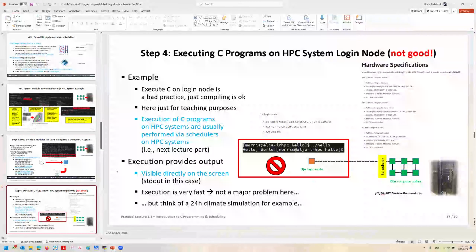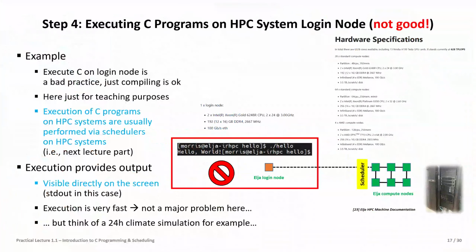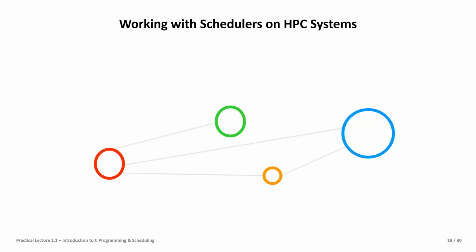And that's really all I wanted to talk about in the first part of the lecture. In the second part of the lecture, we will motivate the scheduler and then connect it nicely with something called monitoring on HPC systems. If you remember, these were both HPC ecosystem tools, if you want.